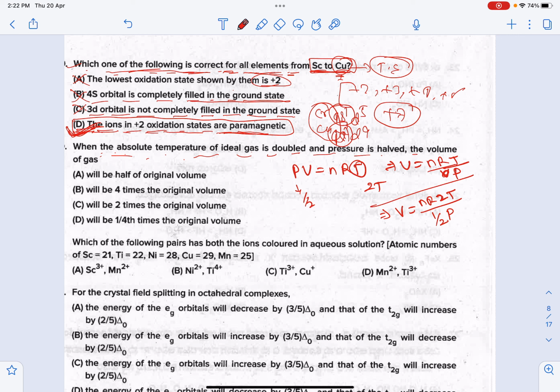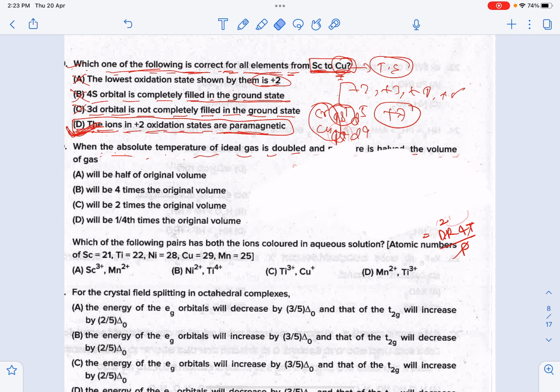You can see that this 2 goes to the upside, so it will become nR 4T by P. When you divide them, nR cancels, temperature cancels with temperature, pressure cancels with pressure.